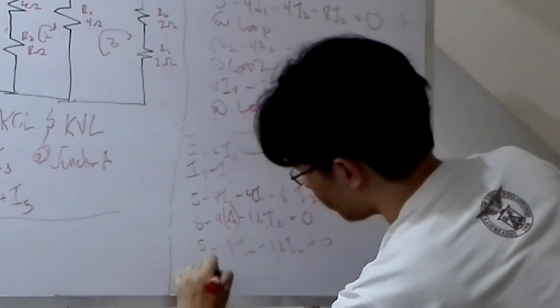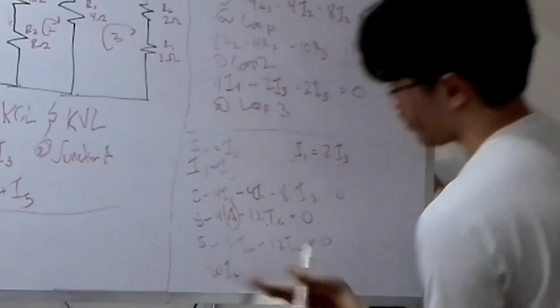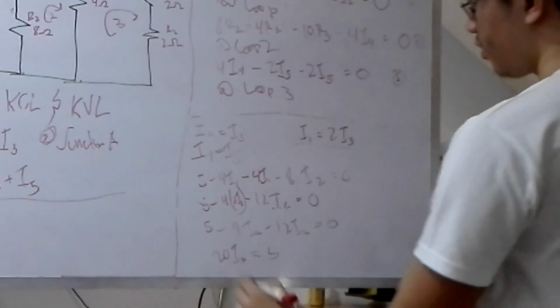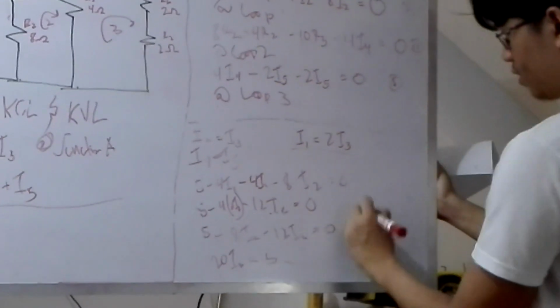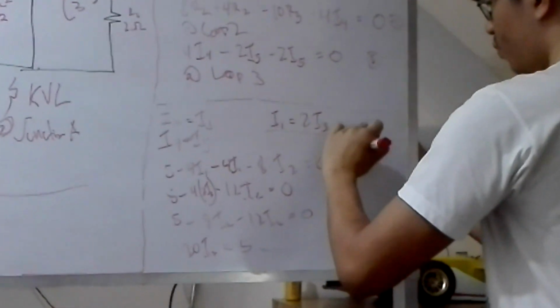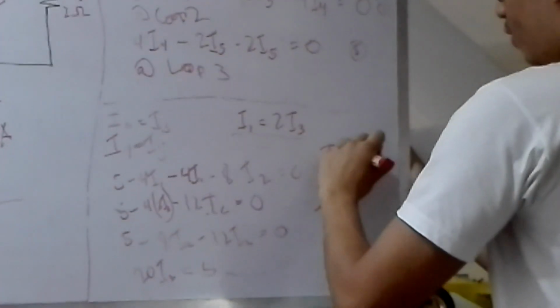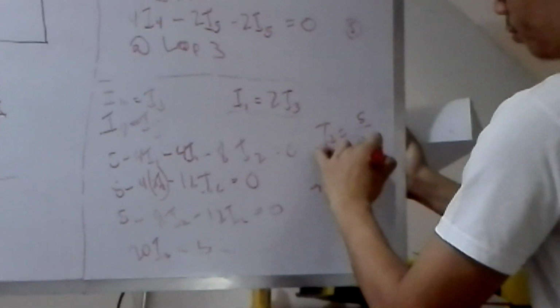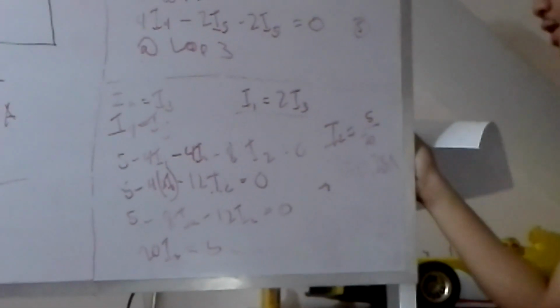So you get 20I2, transposed to the other side, is equal to 5. So the value of I2 is 5 over 20, or in decimal it'd be 0.25 amperes.